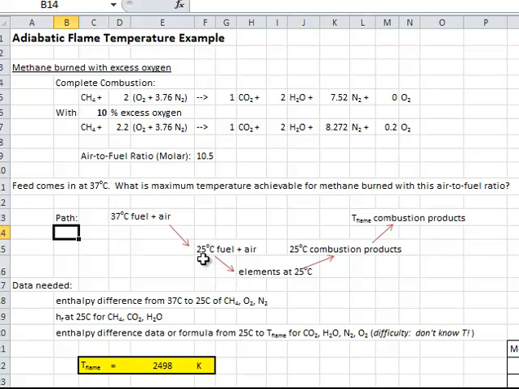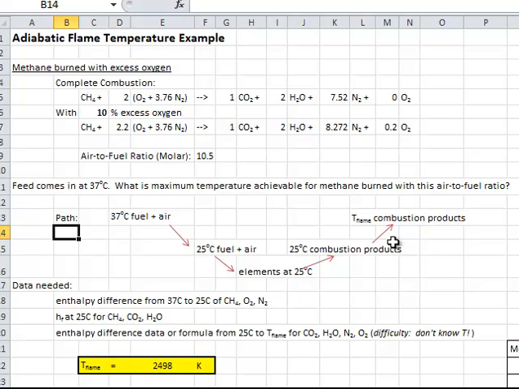We're going to be using heats of formation, so I will break these down into their elemental components at 25 C. Then I will take those elemental components and reform them into the combustion products, but still at 25 degrees C. And then finally, I will be able to take these combustion products to their final temperature. This is my delta H for my feed materials.